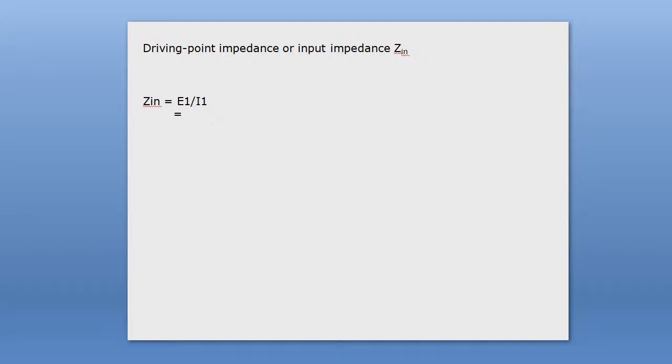For this case, there is one supply voltage in our circuit that is associated with mesh 1, through which I1 current flows. If we consider the ratio of E1 and I1, then tell me what will be the expression of this ratio in terms of the given impedances Z1, Z2 and Z3.